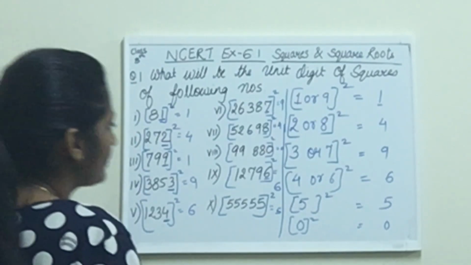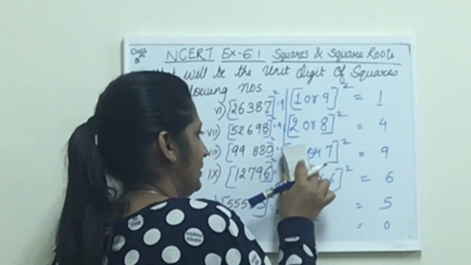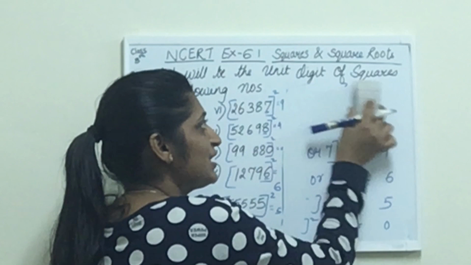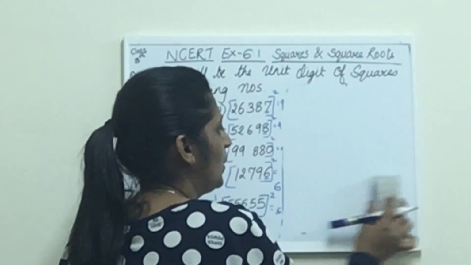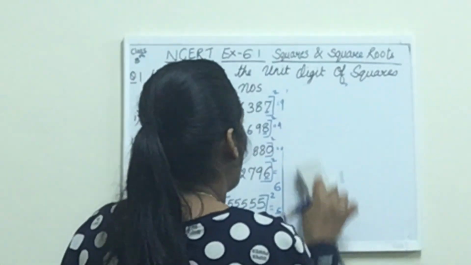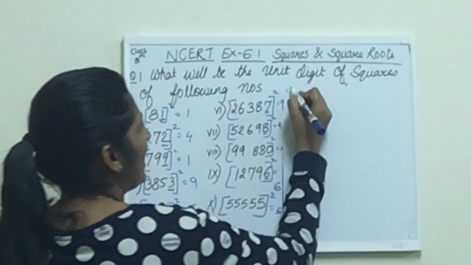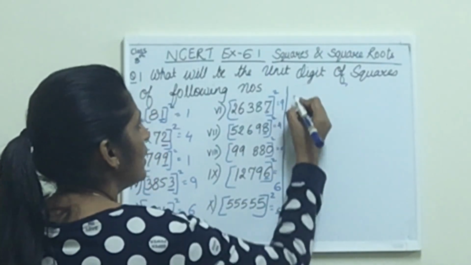Now, how to write it? This is for your explanation, but the way of representing your answer goes this way. Solution.